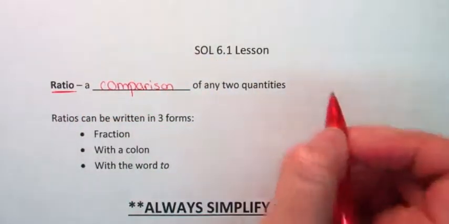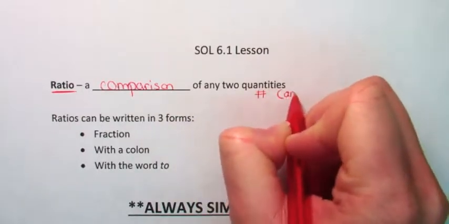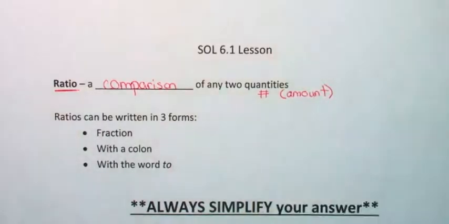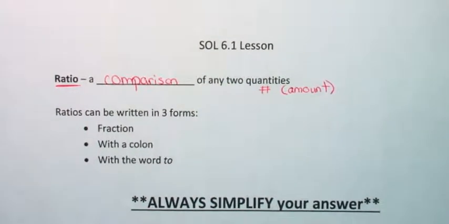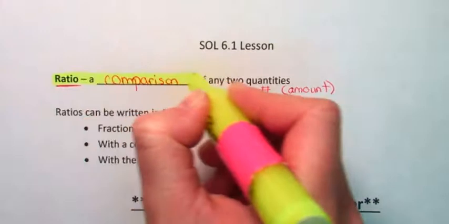And quantities, remember, are numbers. It's the amount of something that you have, and that will always be represented with a number. So a ratio is a comparison of any two quantities, and a quantity is an amount. If you want to highlight this, that's what stands out on the page.